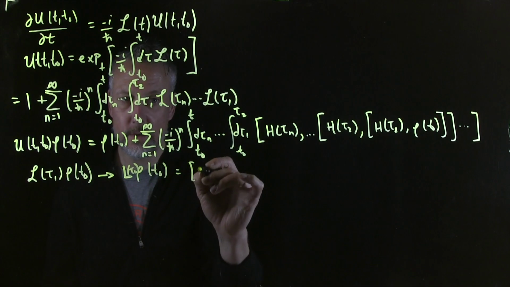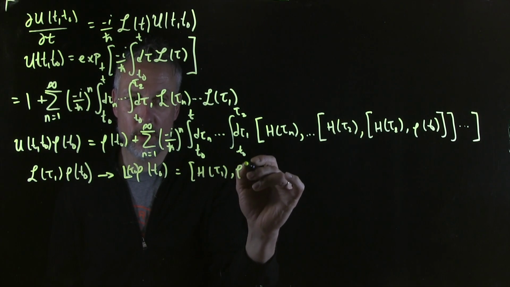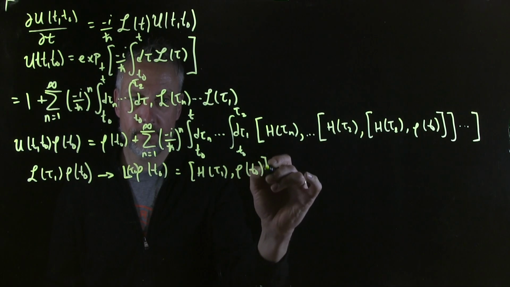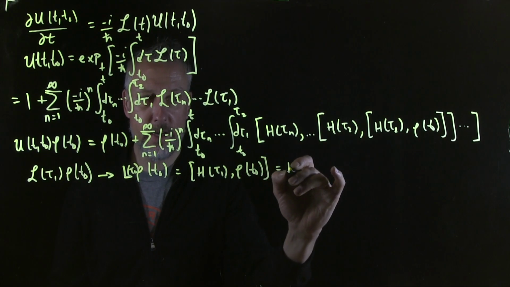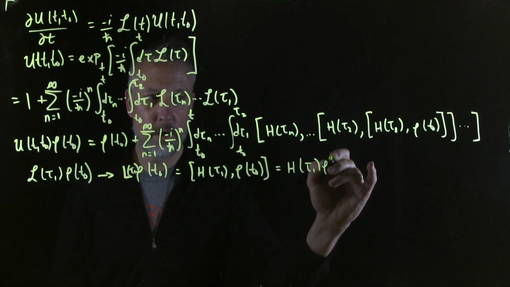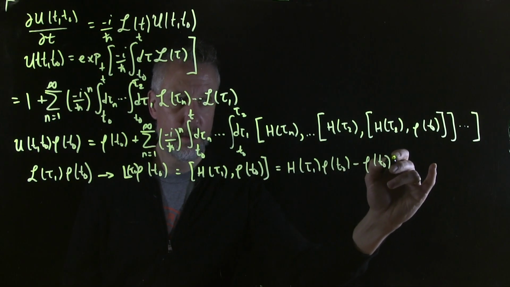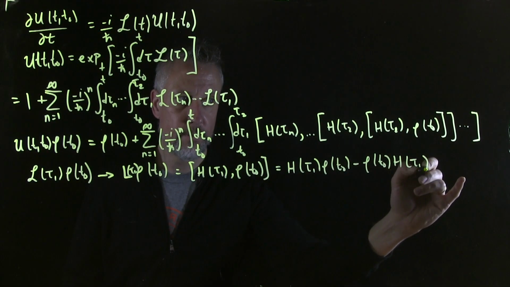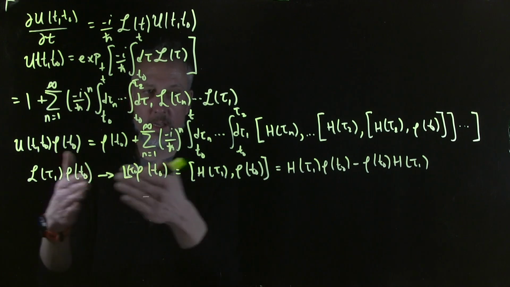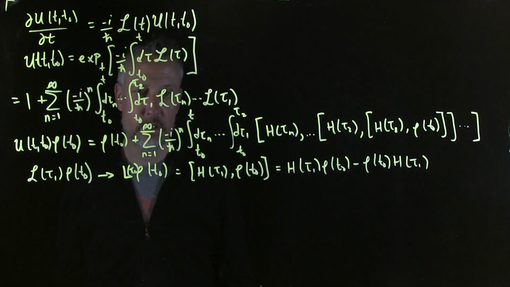Well, that's equal to H of tau 1 commutator with rho of t naught. So that's H of tau 1 rho of t naught minus rho of t naught H of tau 1. It's nothing magical about that. This is how you go from this expression in Liouville space to this expression in Hilbert space.